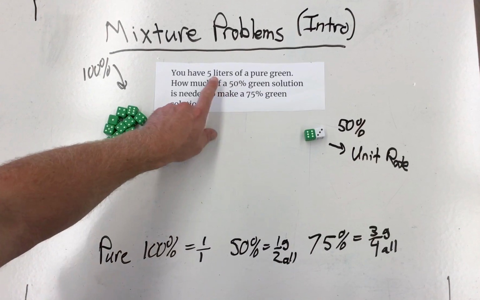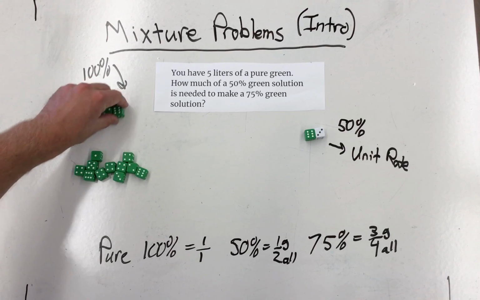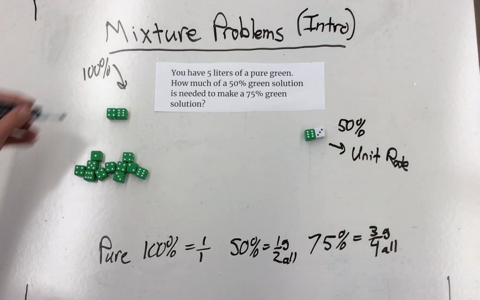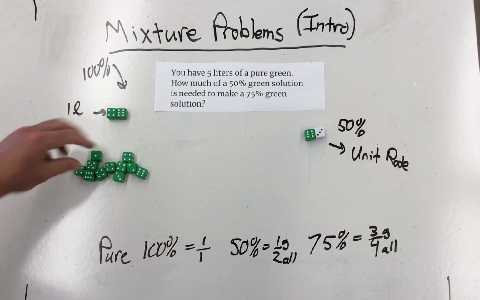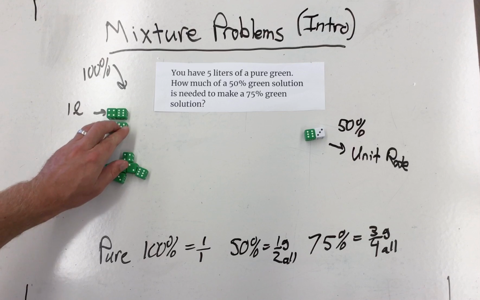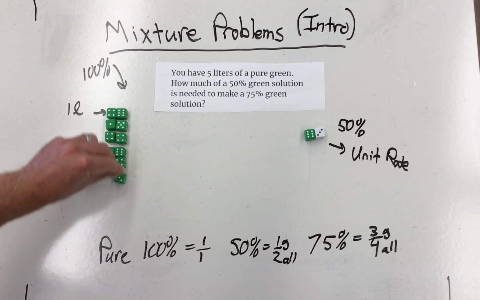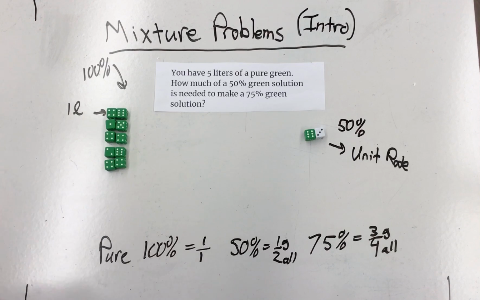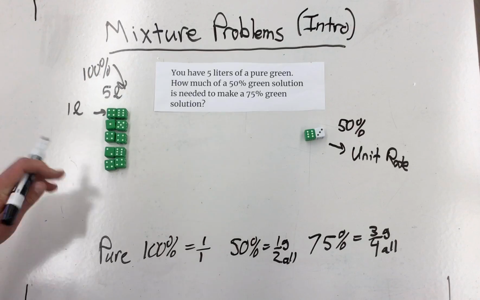So when we cook up our 5 liters of pure green, we're going to let 1 liter be represented with 2 pieces. So this represents 1 liter. And if we want 5 of them, we have to put 5 of these together. So, let's see, is that 5? That's 5. So now we have here our 100% of 5 liters.